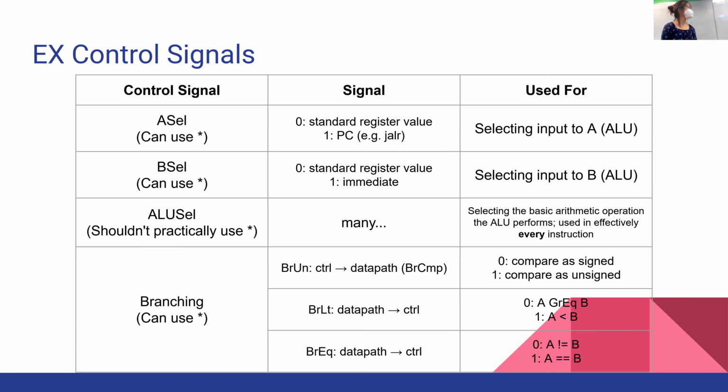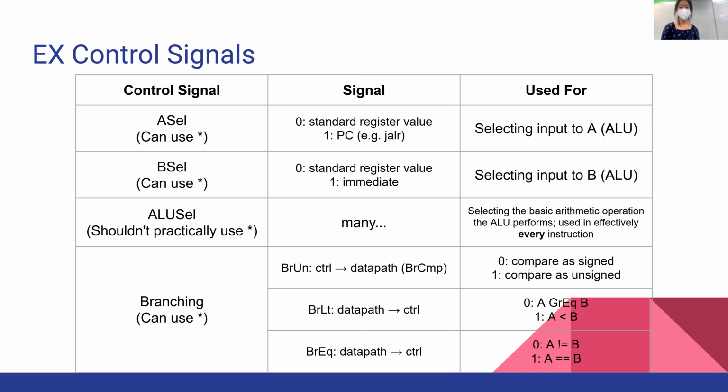But typically for instructions that you want to decode, you almost always want to specify a 0 or 1, because the ALU output is something that you care about. So ALU sel in theory you can use don't care, but in reality you probably shouldn't, because it determines the output of so many operations that you probably want to specify something.